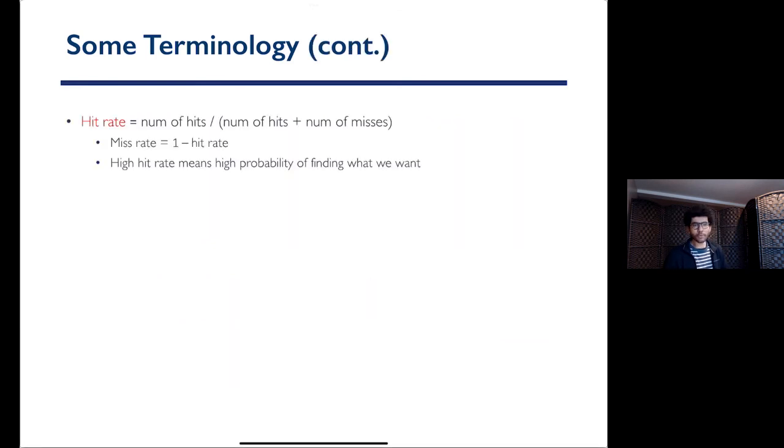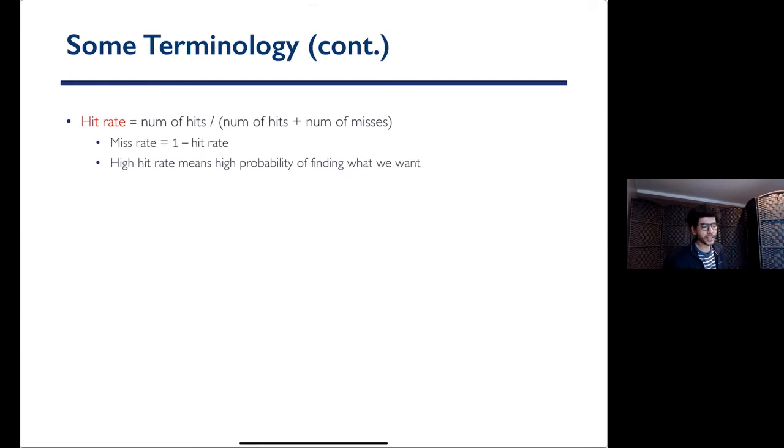Now, hit rate is the number of times that I hit in the cache divided by all the accesses I did to the cache. So the number of hits plus the number of misses. So that's the total number of accesses. Now, miss rate is basically 1 minus hit rate.